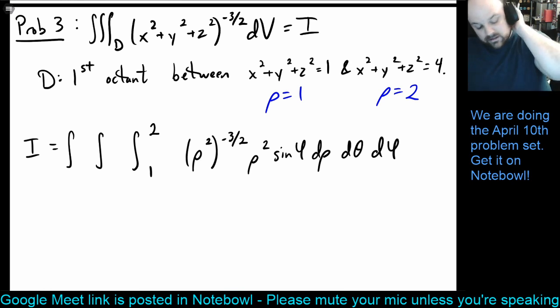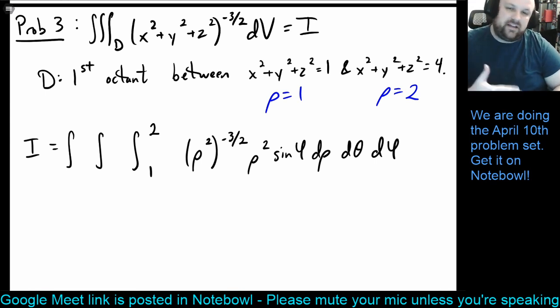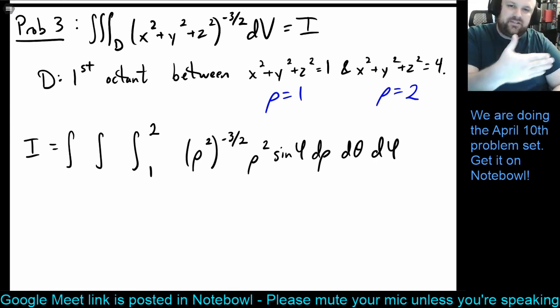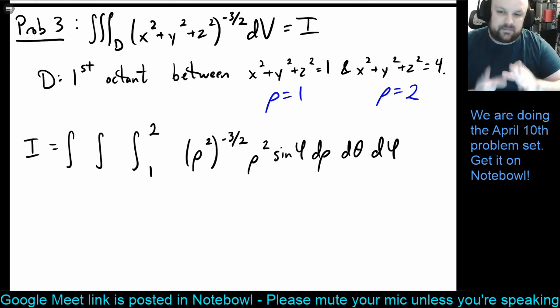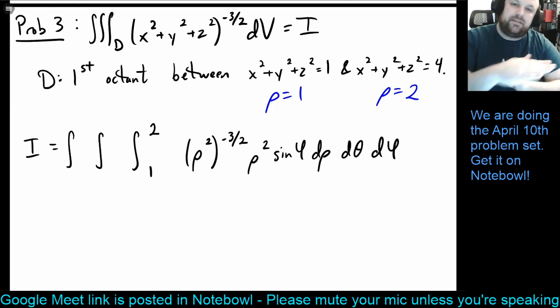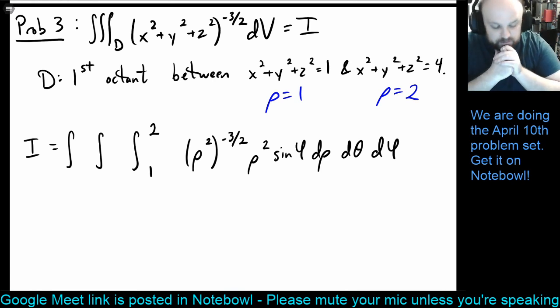If I want to stay in the first octant, my theta value is still going to start measuring, and it's the exact same theta from polar coordinates. It still measures from the positive x-axis and then moves counterclockwise around. So if I want to stay in the first octant, what do you think my bounds for theta should be?